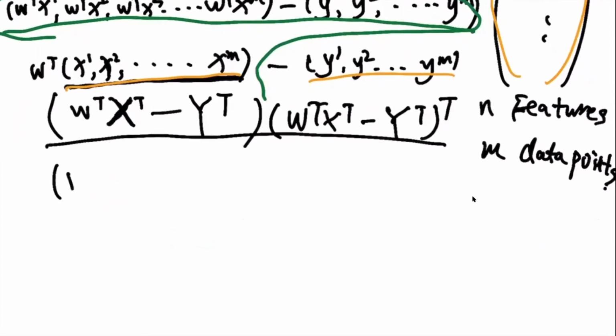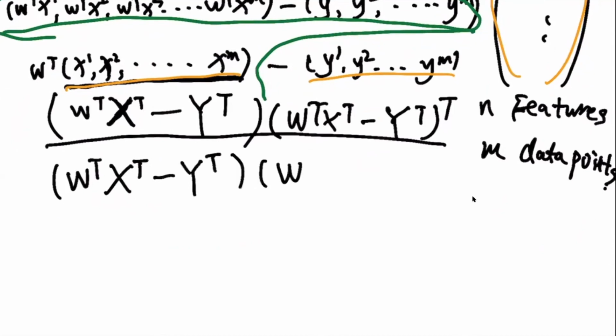It equals W transpose uppercase X transpose minus Y transpose, and then either transpose outside and inside according to linear algebra.